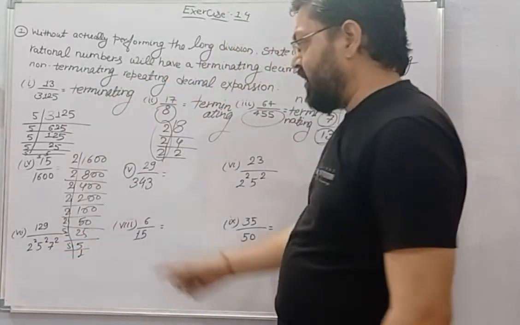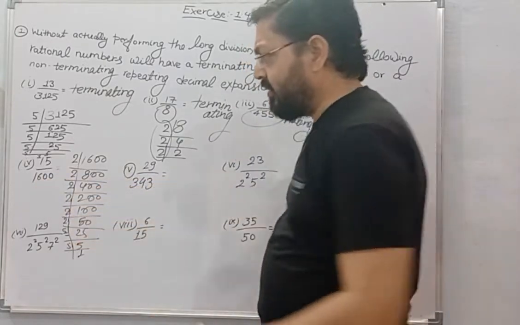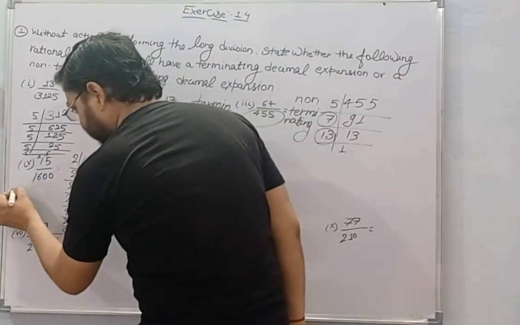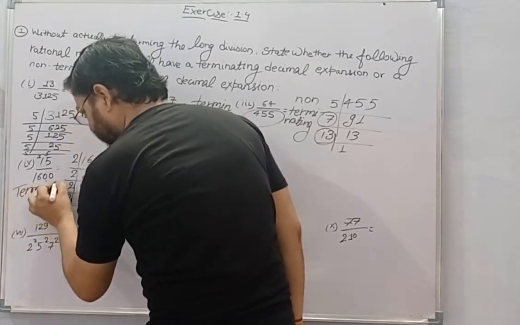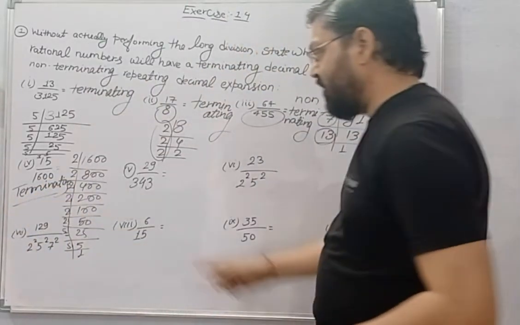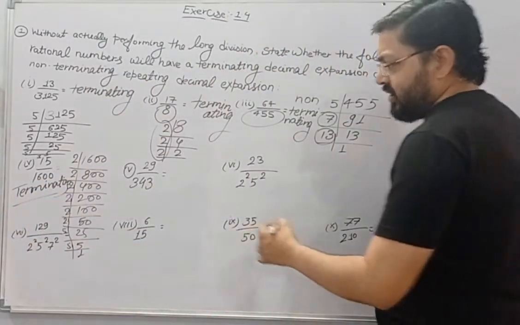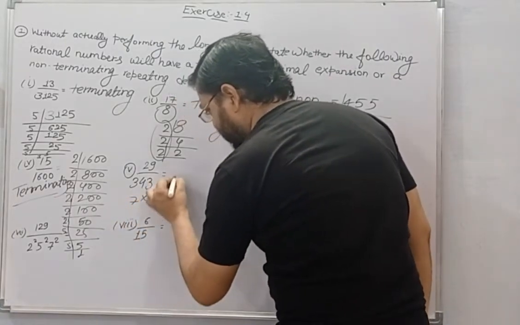The factorization of 1600 contains only 2 and 5, which means this will show terminating decimal expansion. Now come to 343. This is the factorization of 7 times 7 times 7. Non-terminating.